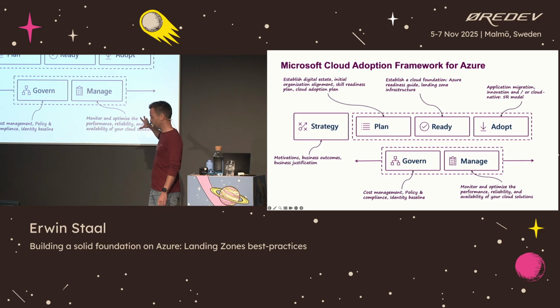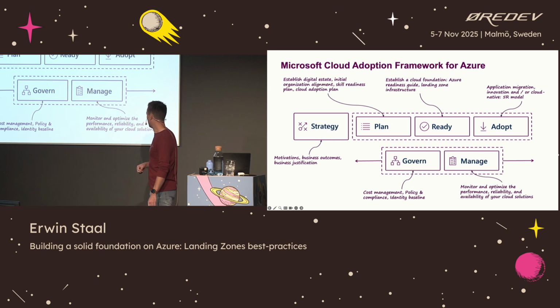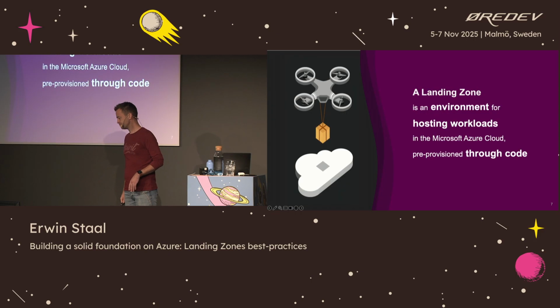But also in terms of management, this is where you find recommendations around manageability of whatever you run. Things like performance, reliability, and availability of your cloud solutions. So today we will mostly be focusing on the ready phase in the cloud adoption framework, because that is the phase where you find stuff around landing zones.